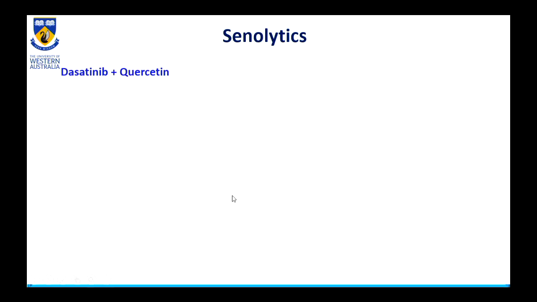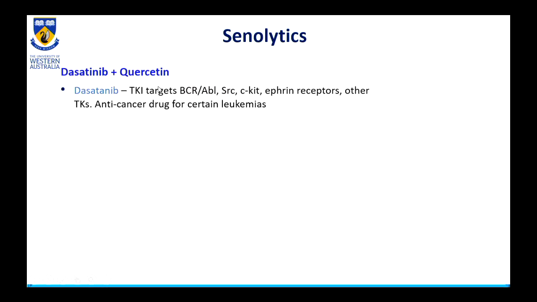These are probably the two most well-known senolytic drugs, dasatinib and quercetin. Dasatinib is a tyrosine kinase inhibitor that targets the B cell receptor, ABL, and SRC, and other tyrosine kinases as well. It's used as an anti-cancer drug for certain leukemias.